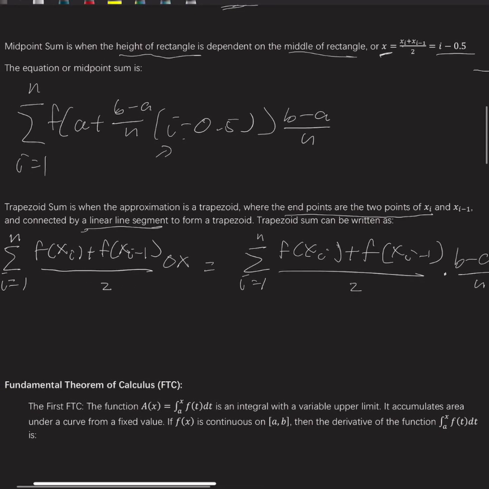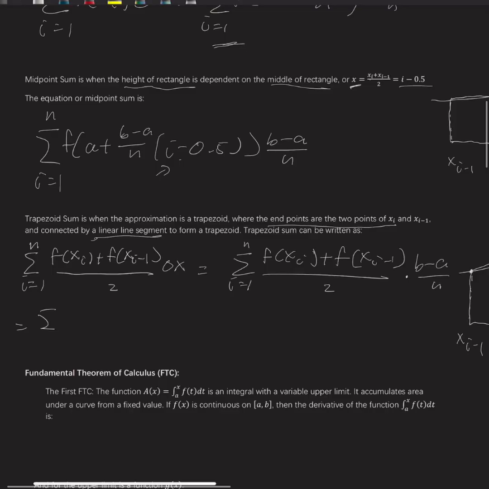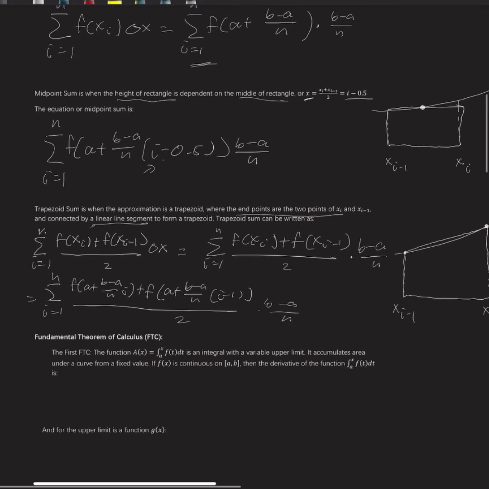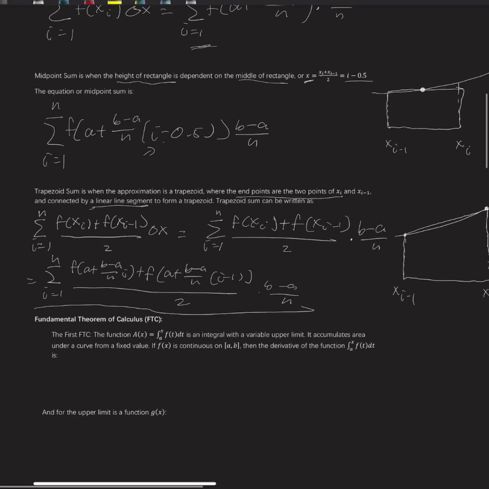If you expand this, it equals the sum from i equals 1 to n of (f of a plus (b minus a) over n times i, plus f of a plus (b minus a) over n times (i minus 1)) over 2 times (b minus a) over n. And that's the trapezoid sum in summation notation.